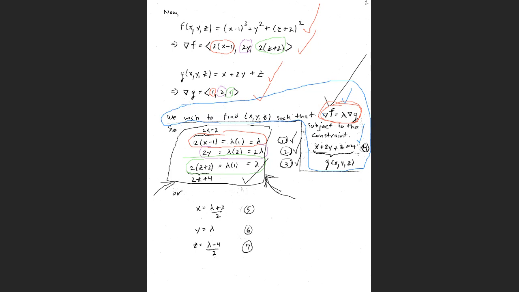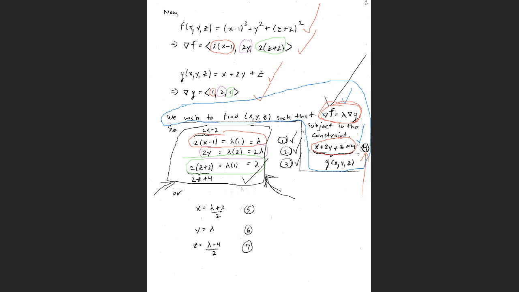That's right, Ryan, the constraint. And you notice I call that equation 4. So these 4 equations are going to be enough to help me identify the coordinate that minimizes the distance.